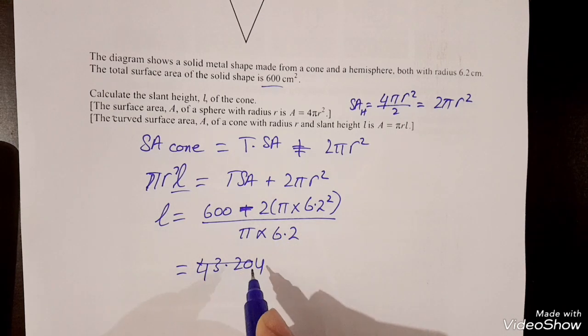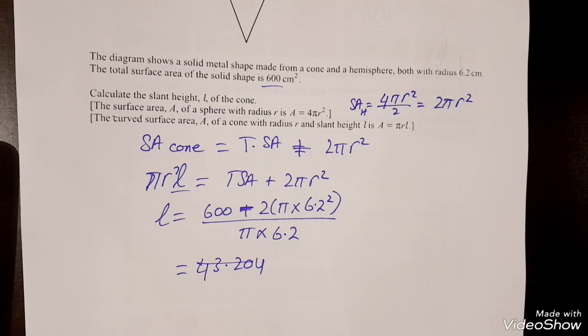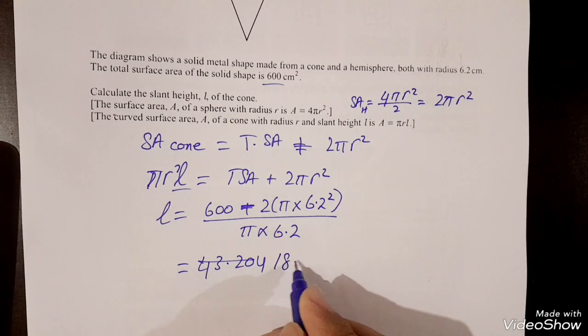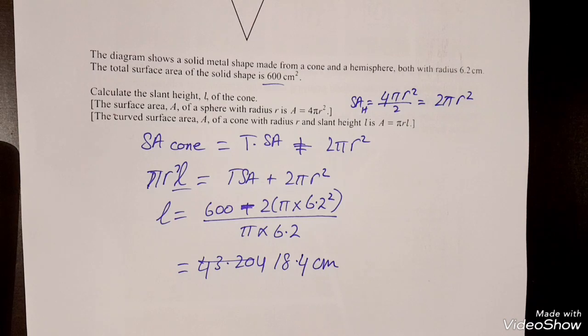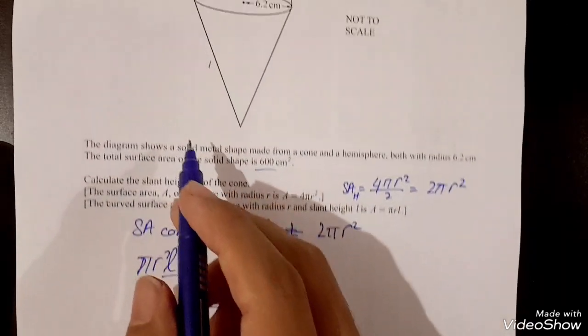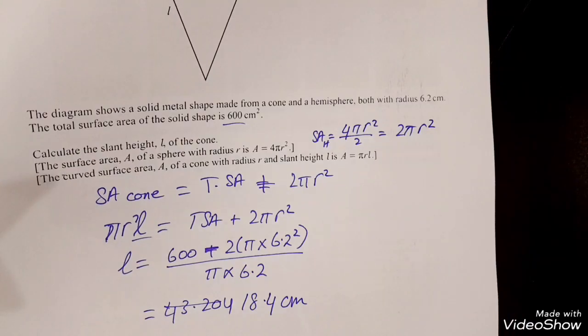So if we use the minus equation, this will be divided by pi times 6.2, which is 18.4 centimeters. So the slant length of the cone will be 18.4 centimeters.